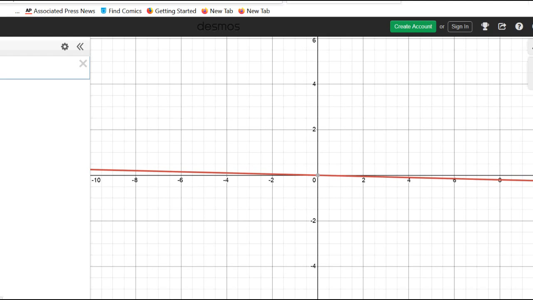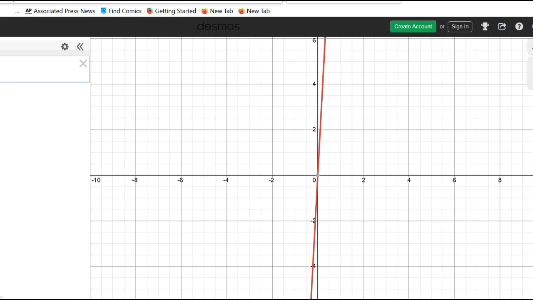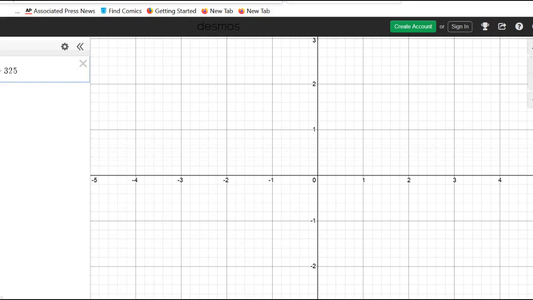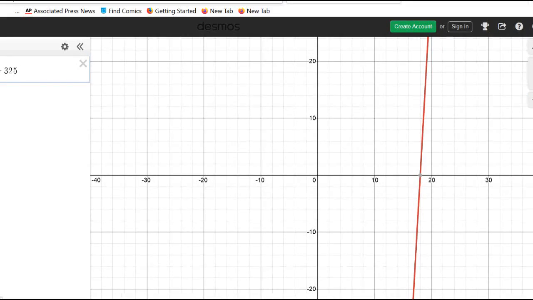And with Desmos, you use the caret, which is shift 6 for your exponent, squared plus 0.5x minus 325. And I'm going to have to zoom out to find my graph.